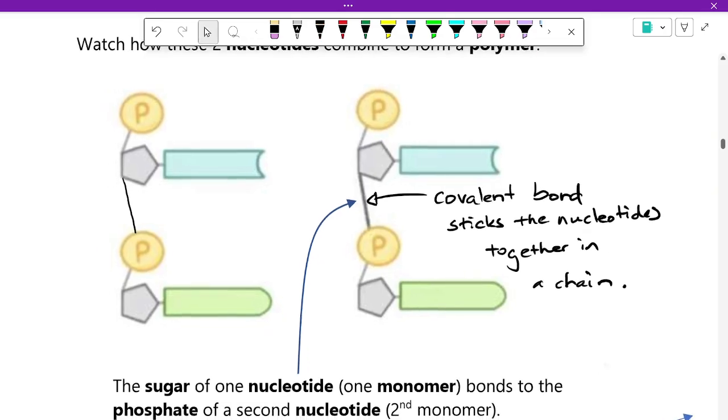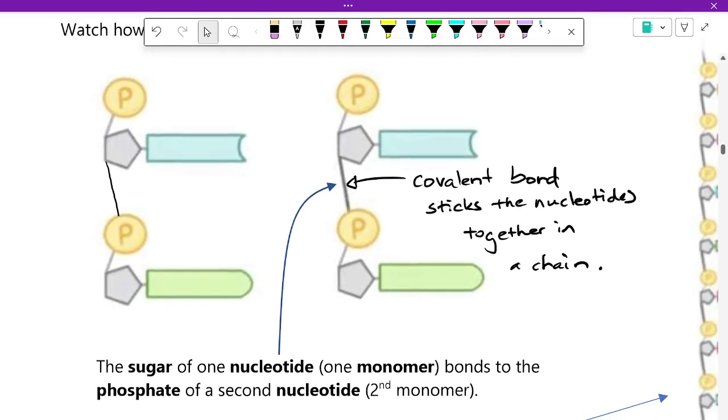Okay, so the covalent bond sticks the nucleotides together in a chain. So we have a monomer. We have another monomer.